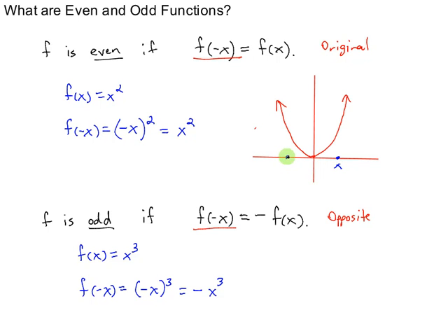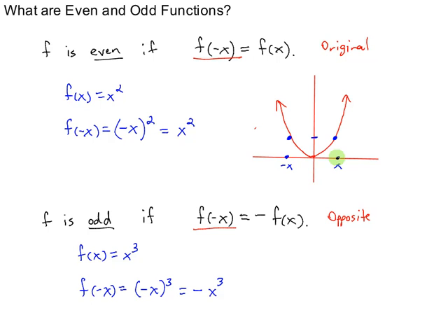Well, if that's x, negative x is over here, the same distance from the origin. For an even function, f of x is the same as f of negative x. That means the y values for these two x values are the same. So this y value is up here. This y value is also up here. So see how they have the same y value.